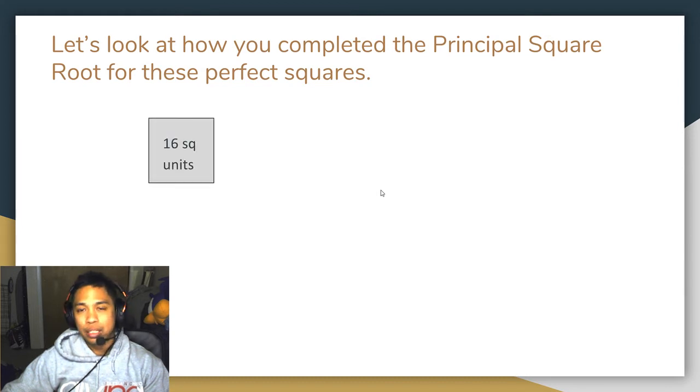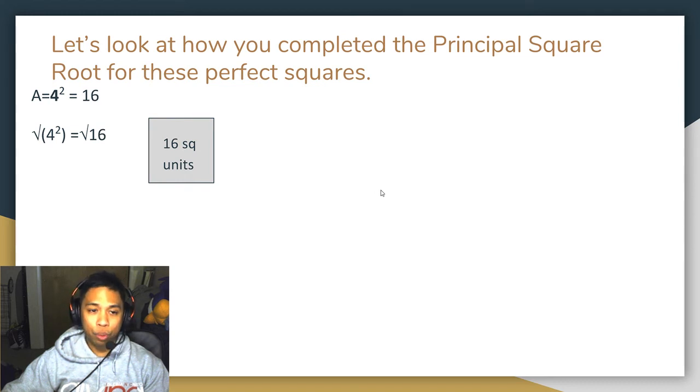For the first one, 16 square units. We know that A equals s squared, and in this case, A equals 16, or 4 squared. The square root of 4 squared is actually the inverse operation. Inverse operation is an operation that cancels out another operation.